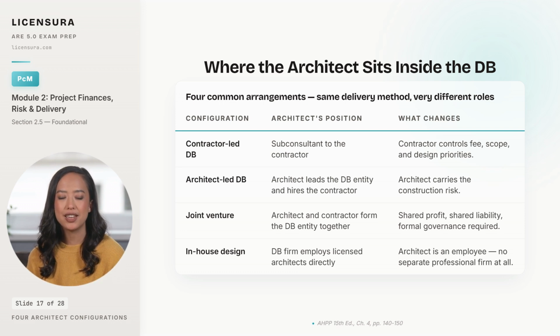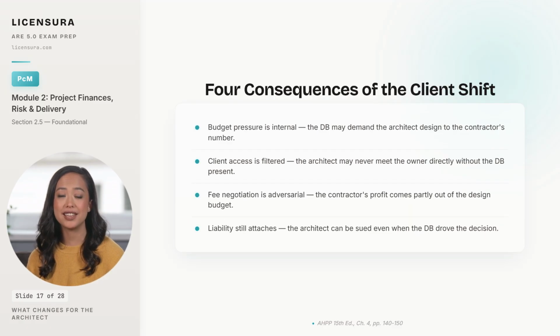Whichever configuration the architect lands in, the same set of structural consequences shows up the moment the project starts. Four consequences that nearly every architect coming into DB for the first time underestimates. Budget pressure becomes internal. The contractor may walk in with a target number and tell the architect to design to it, regardless of what the program actually requires, and pushing back means jeopardizing the next job from the same DB partner.